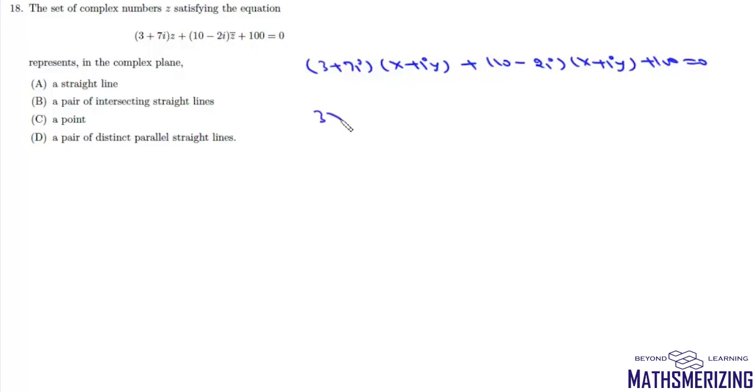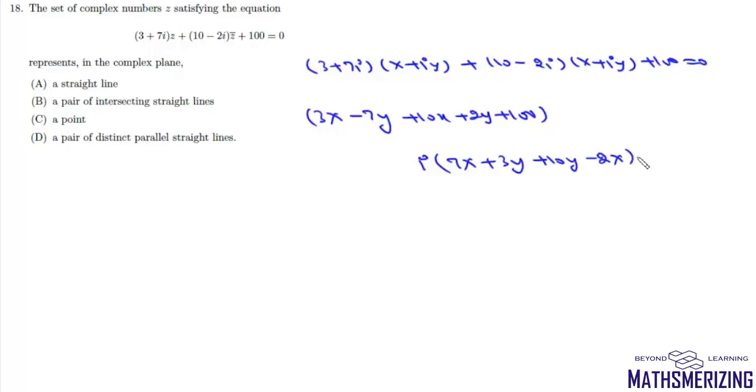Its real part will be 3x − 7y + 10x + 2y + 100, and its imaginary part will be 7x + 3y + 10y − 2x = 0.